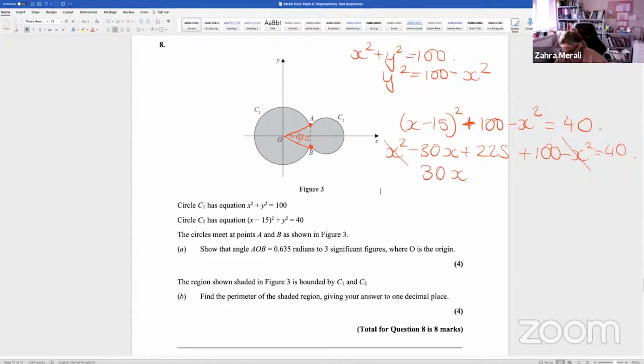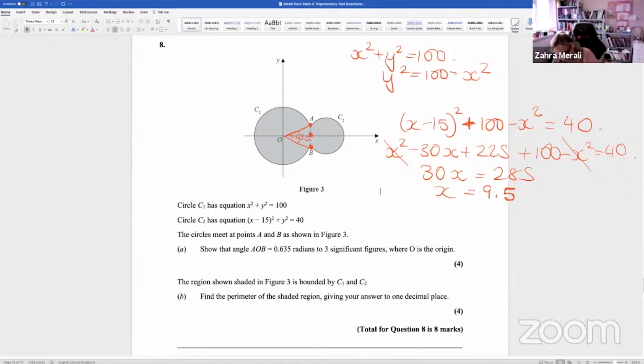We're going to get 30x equals 325 minus 40. So 285. So x equals 9.5. Okay, so we've got our x coordinate of 9.5, which is that coordinate there.